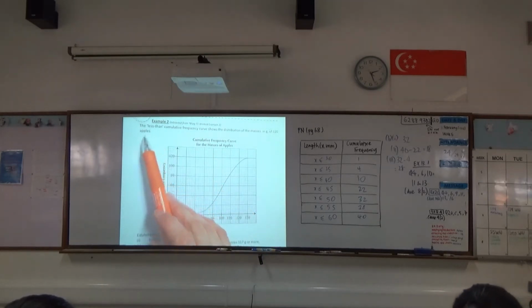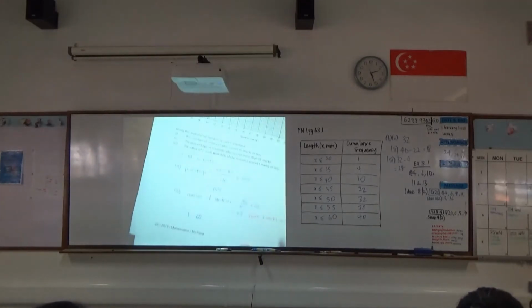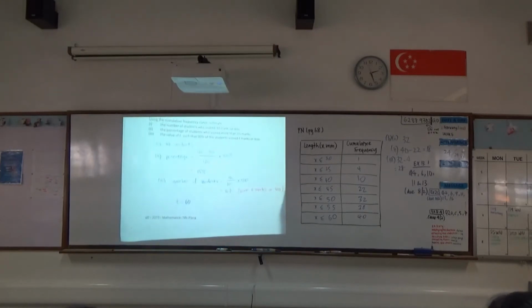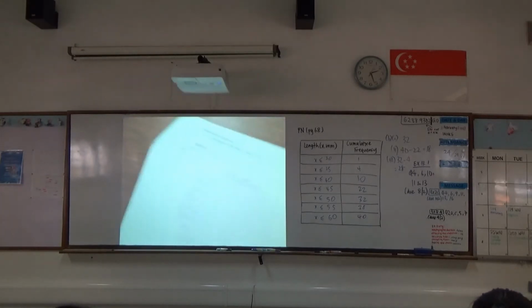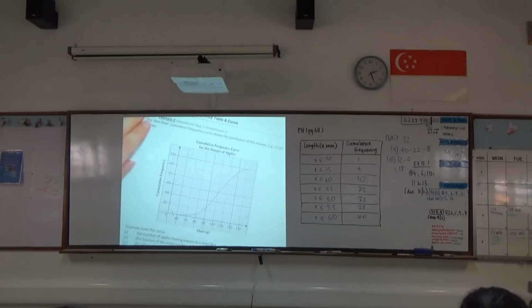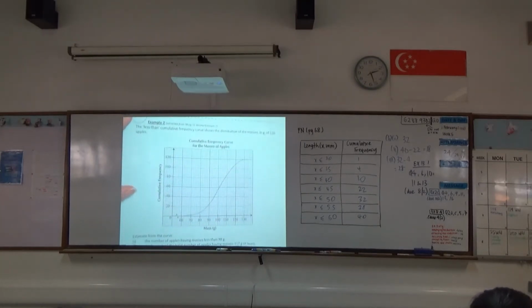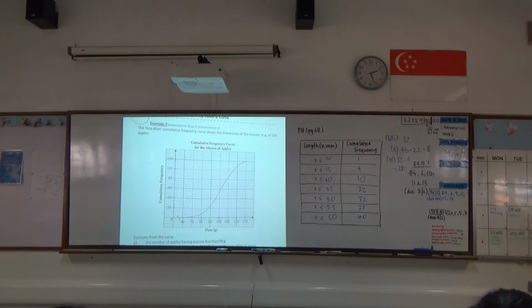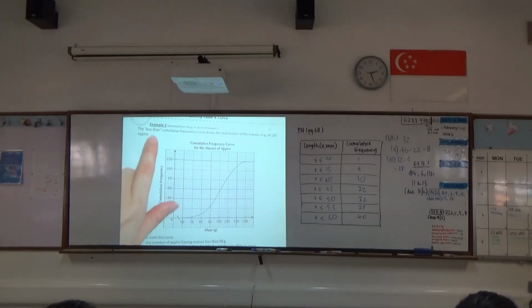So, yes. Go back. Okay. In most cases, we are giving you a cumulative frequency curve that represents less than or equals to. Only in certain times that they will specify that this is a less than curve.